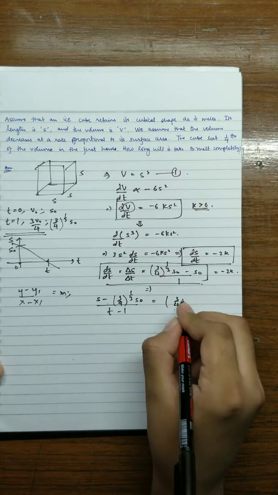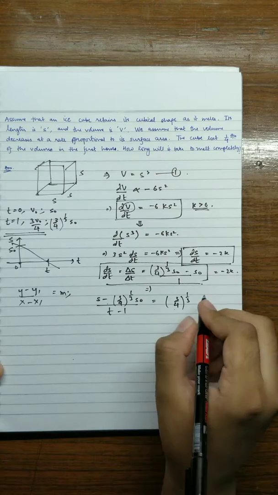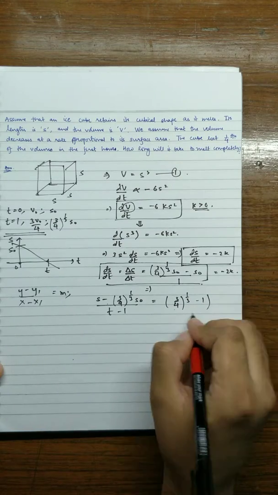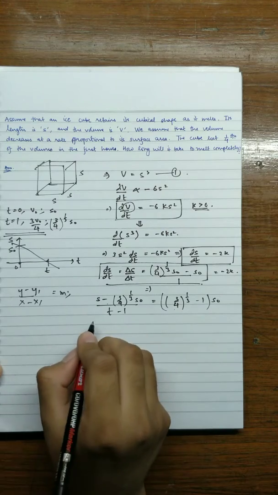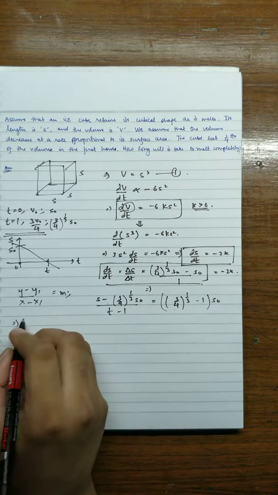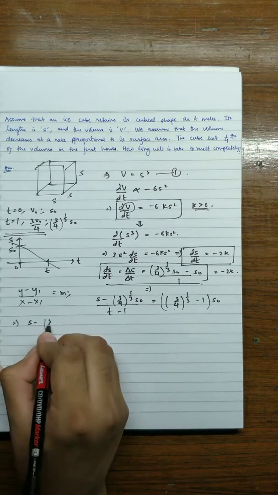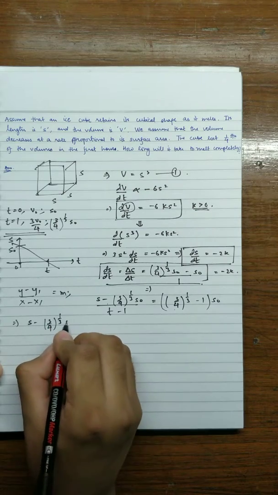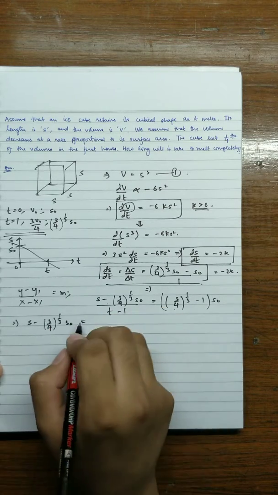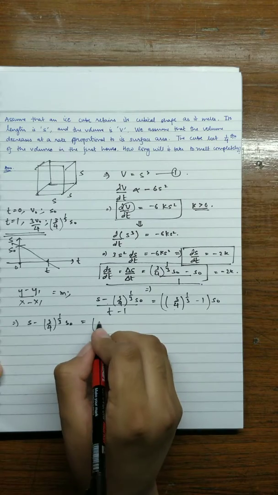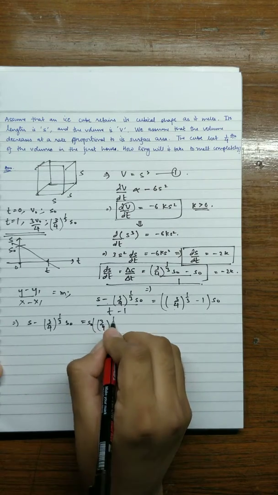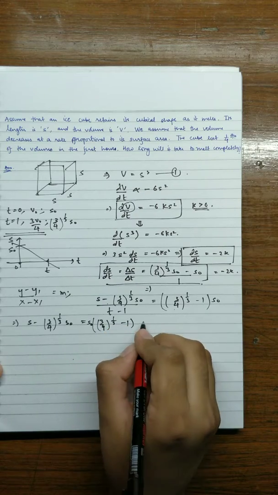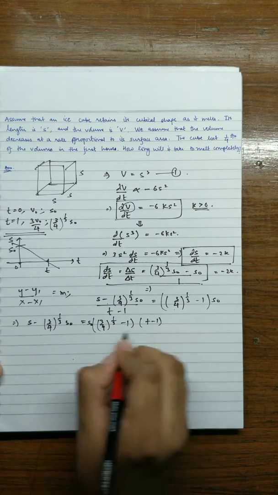It comes out to be (3/4)^(1/3) minus 1 times s naught, right? So when we multiply on both sides by t minus 1, we get that s minus this is equal to s naught times (3/4)^(1/3) minus 1 times t minus 1.